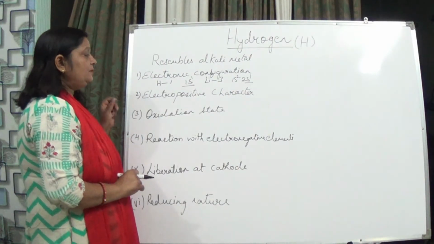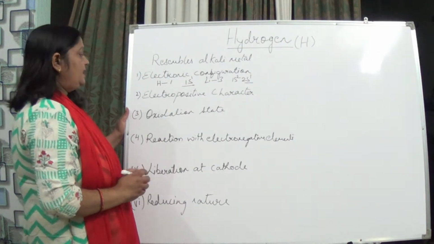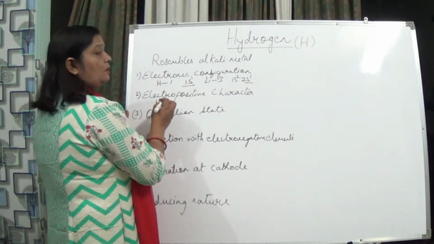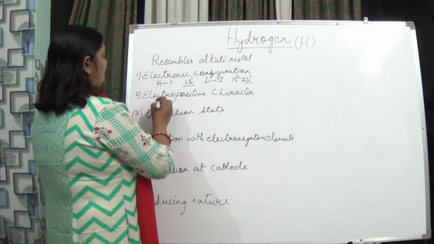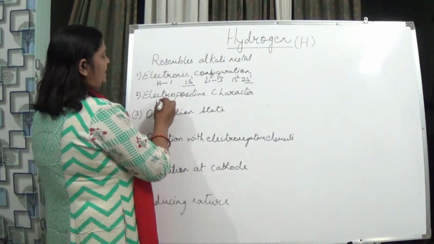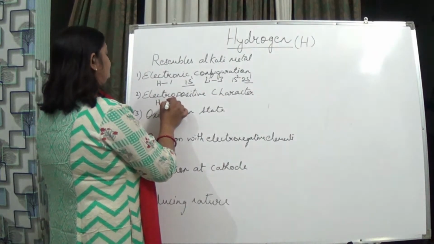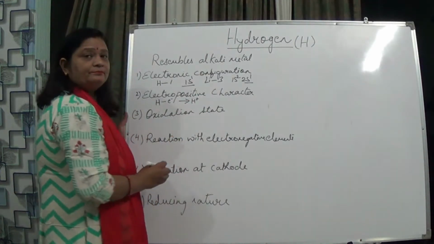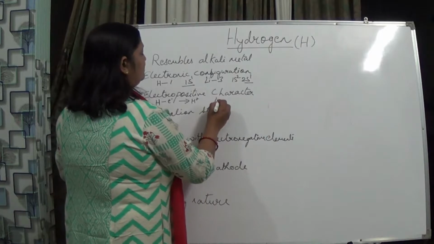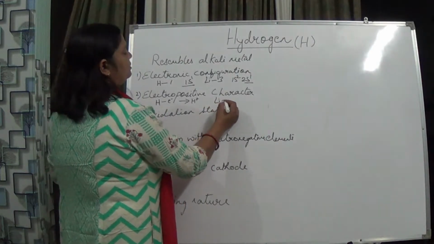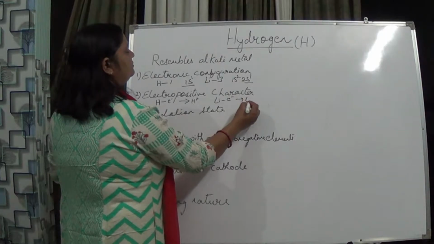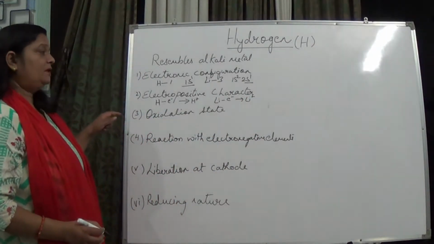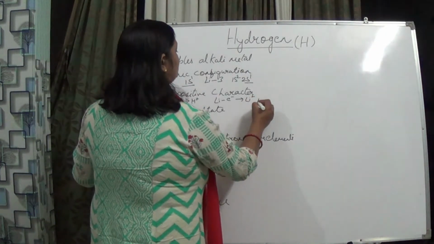Now coming to the electropositive character, hydrogen can give one electron to become H+ ion. Lithium, belonging to the alkali metals, can also give one electron to give Li+. Like that we can do for sodium also.